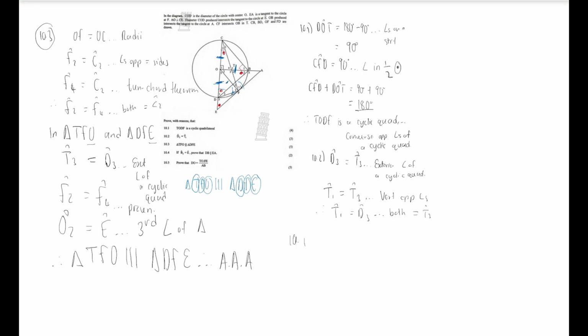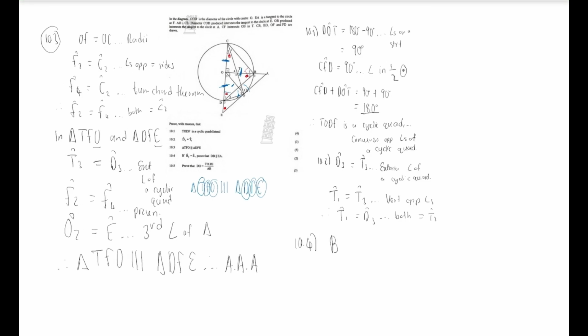10.4. What you're going to write is that B2 equals angle E. This is given. And what we're going to write is that OD equals OB, because they are radii. And then you're going to say your B2 is equal to your D1. So this B2 equals this D1.